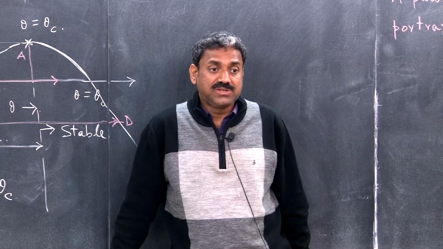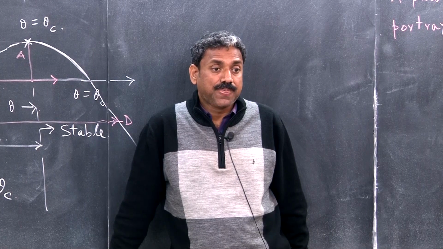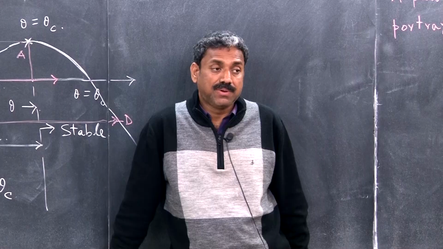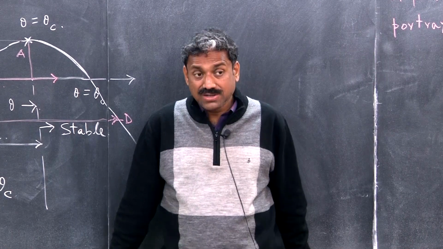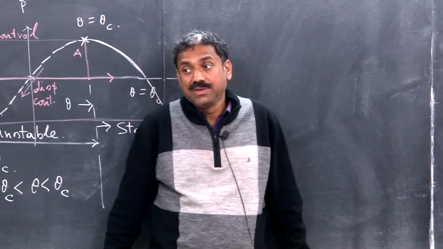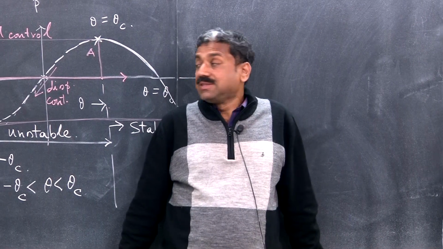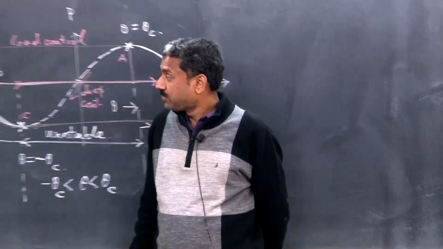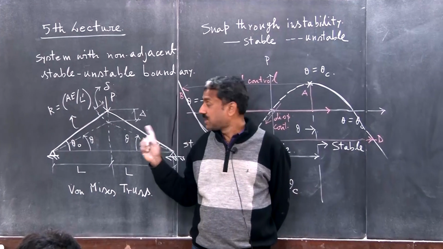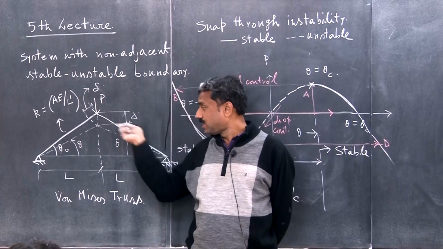A system which demonstrates snap through or hysteresis doesn't have much influence of imperfections. So we don't care about imperfections. But another very important thing is that, unlike all previous systems, this system is influenced from the very beginning by geometric nonlinearity, and that's what is showing this kind of behavior. Okay, so this is called a Mises truss.